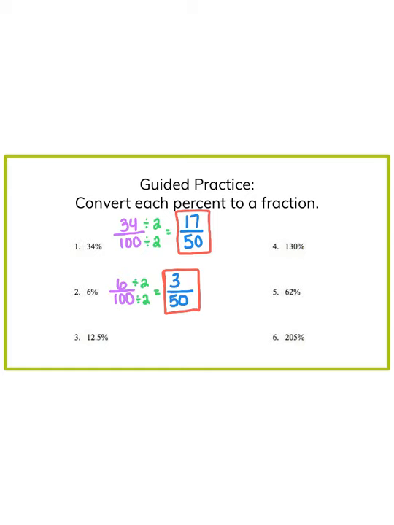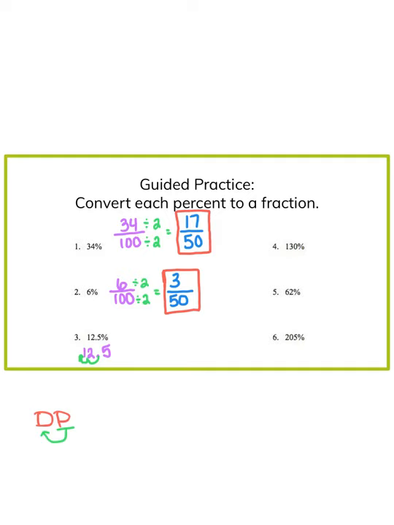So I notice that the decimal point is already in my number, so I need to move it 2 places to the left to convert it to a decimal. Remember our Dr. Pepper method. If I'm moving from a percentage to a decimal, I need to move to the left 2 spaces. So that's what we did.